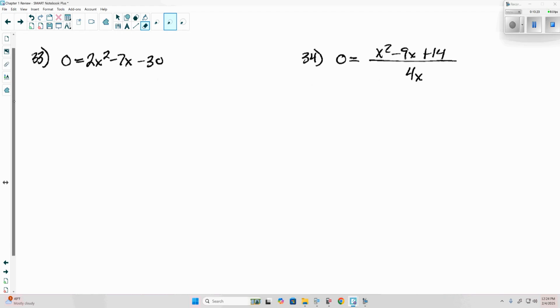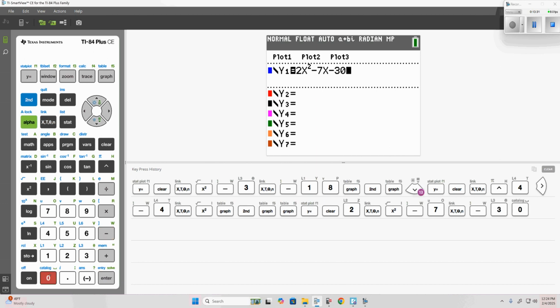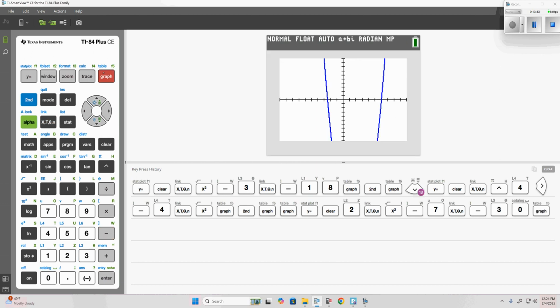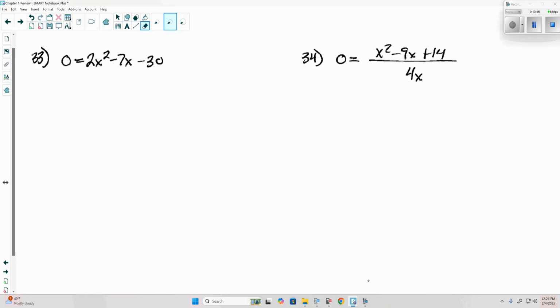2x squared minus 7x minus 30. Well, we know one of the values is 6. It didn't give us both of the values. So if it gives you one but not the other, there's a good chance that it is factorable, but it's just not that both of them are integers.